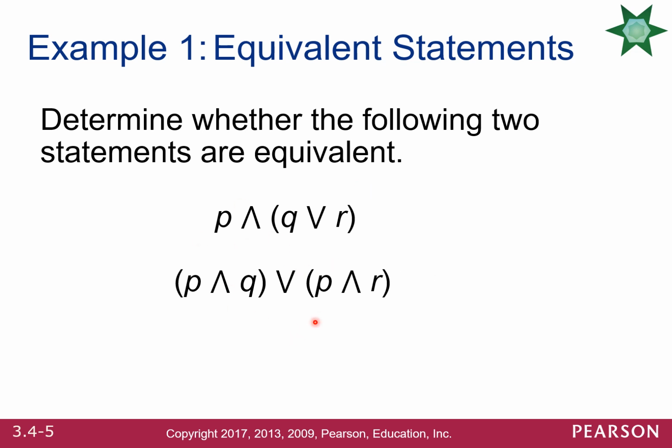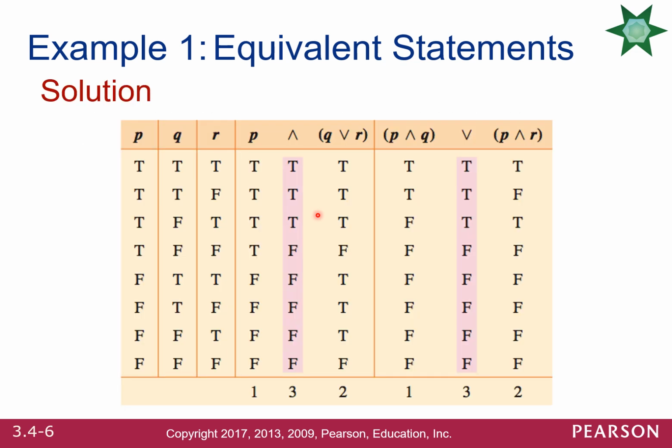And once we create the truth tables, we are going to compare the truth values in the answer column of each of those truth tables. And if the values are identical, that will tell us whether the statements are equivalent or not, right?